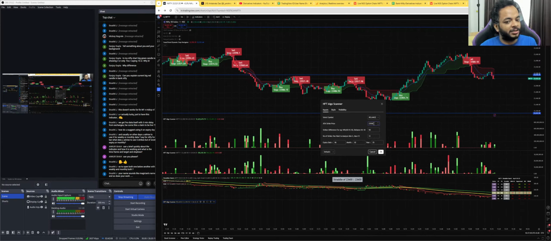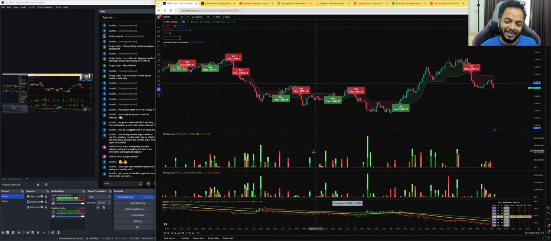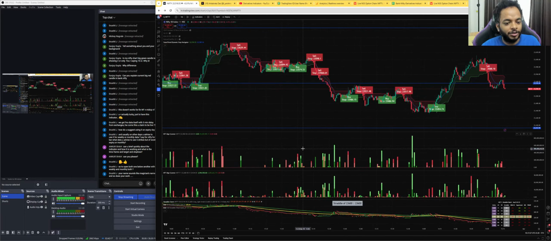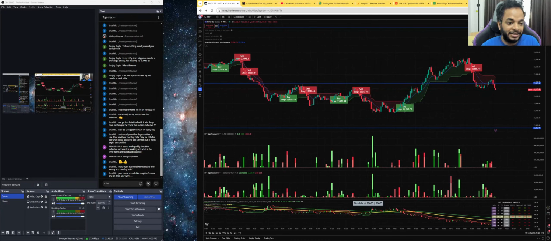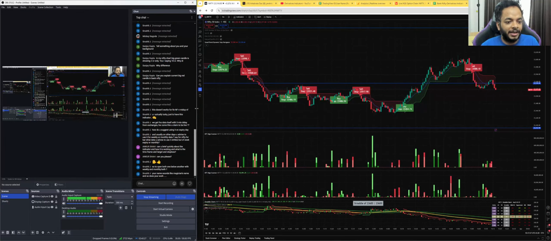It doesn't matter which chart it's open on, and you can track Reliance on the same chart. It's up to you how you want to use it. This is how I use it: I open the current and the monthly one, see the big positions of the big players, and try to ride with them accordingly.